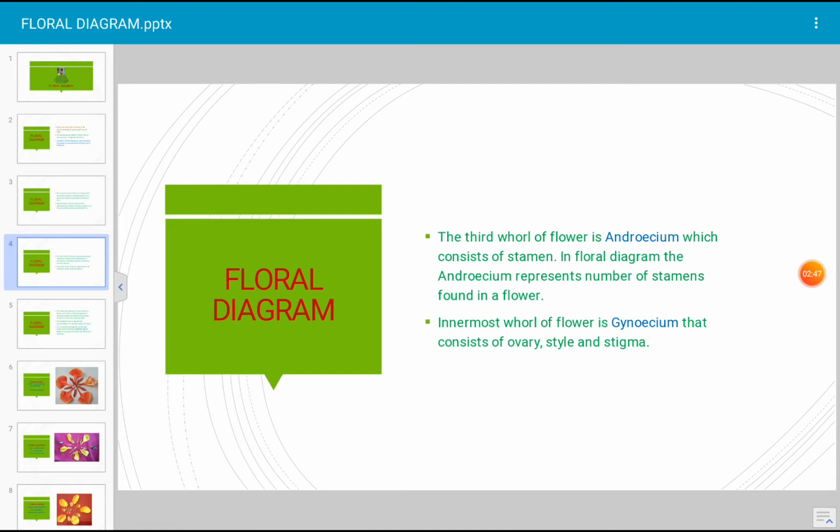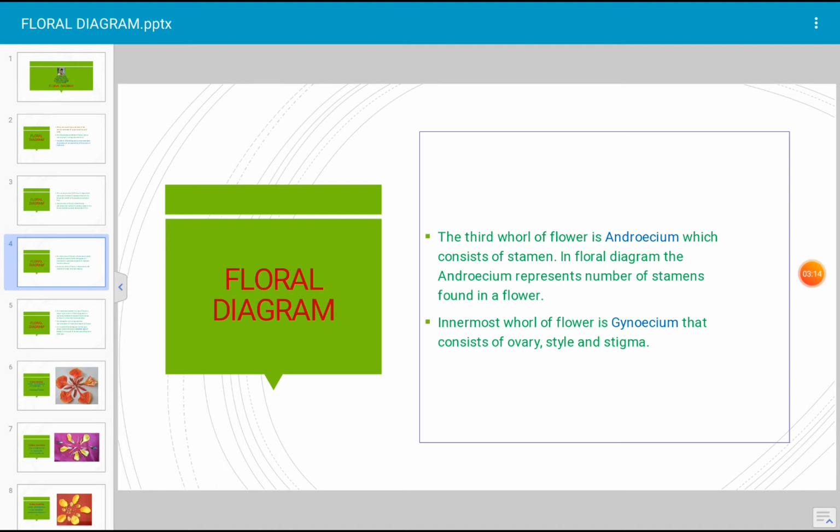In the floral diagram, the gynoecium is shown by taking a transverse section of the ovary, and how many ovules are there and how the ovules are attached inside the ovary is shown in the floral diagram. In all the books, the floral diagram is drawn diagrammatically, not by taking the natural floral parts of the flower.